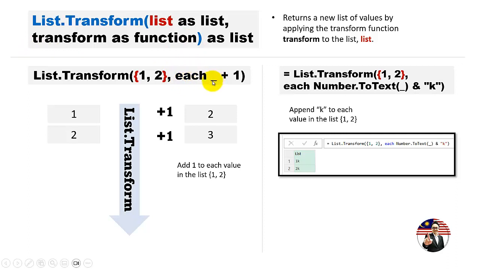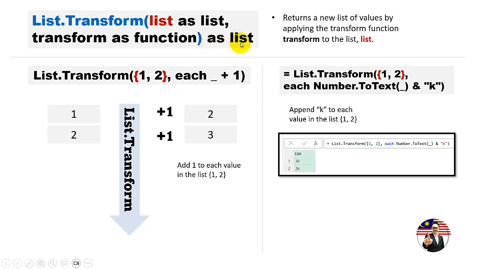So here, for each of these underscore, what does underscore mean? It means the item. So rather than write item, we just use the underscore. Each item plus 1. For each item in the list, plus 1 becomes 2. For each of the items here, plus 1 becomes 3. And this is the new list. That's why it returned as a list.